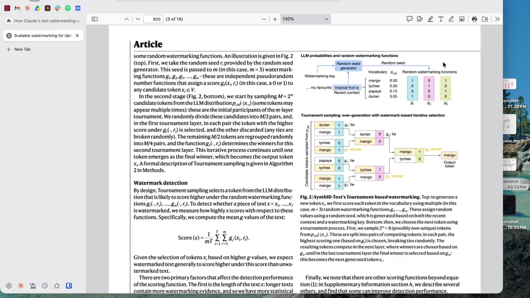So what these random watermarking functions are going to do is, again, remember, they're vectors of zeros and ones. Since we have four candidate options here, we're going to have four zeros or ones, and each of those vectors is a mix of zeros and ones. If the element at a given position is a 1, then it's going to select that answer.